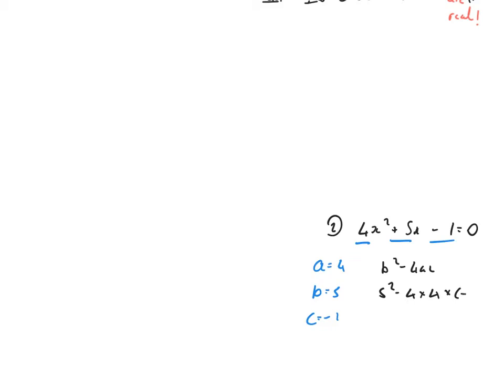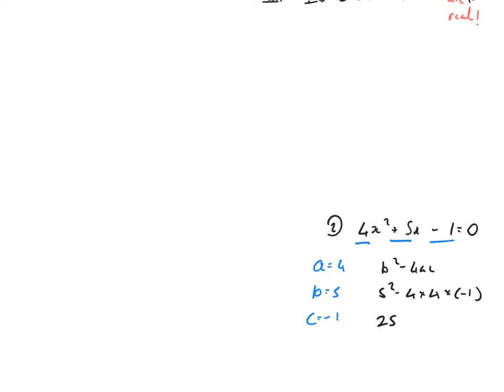Okay, example 2. We've got 4x squared plus 5x minus 1 equals 0. a is 4, b is 5, c is minus 1. b squared minus 4ac, 5 squared minus 4 times a, which is 4, times c, which is minus 1. 5 squared is 25.